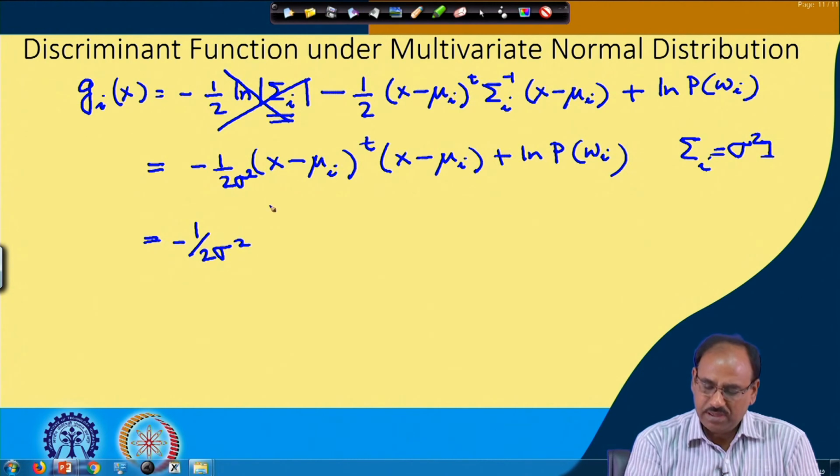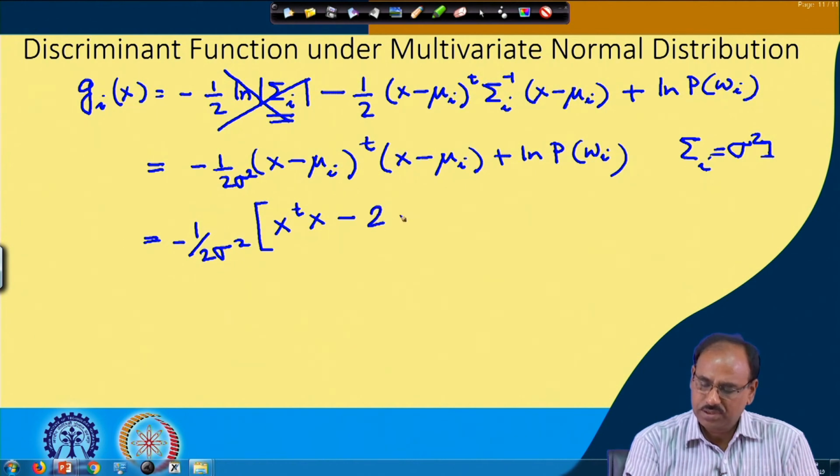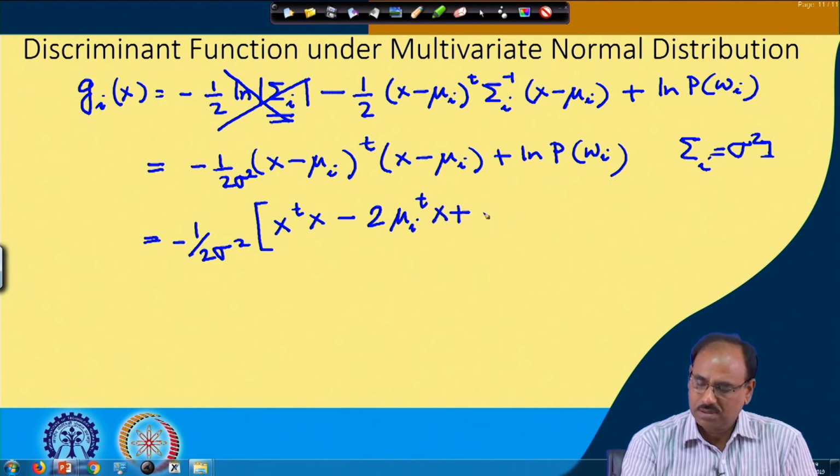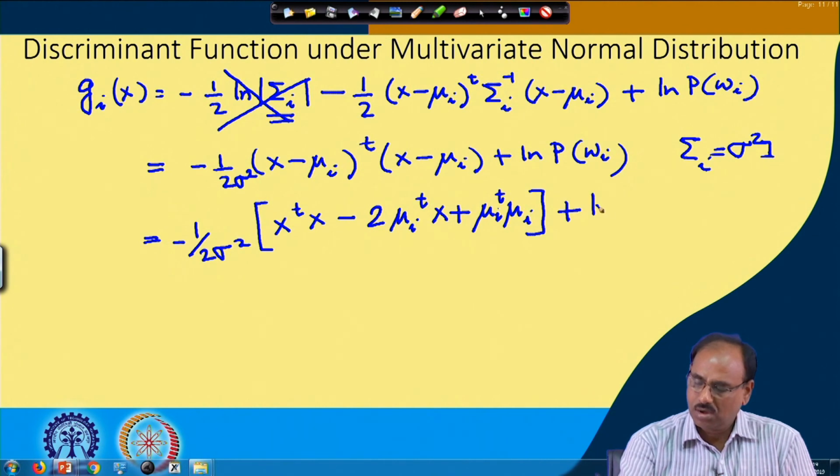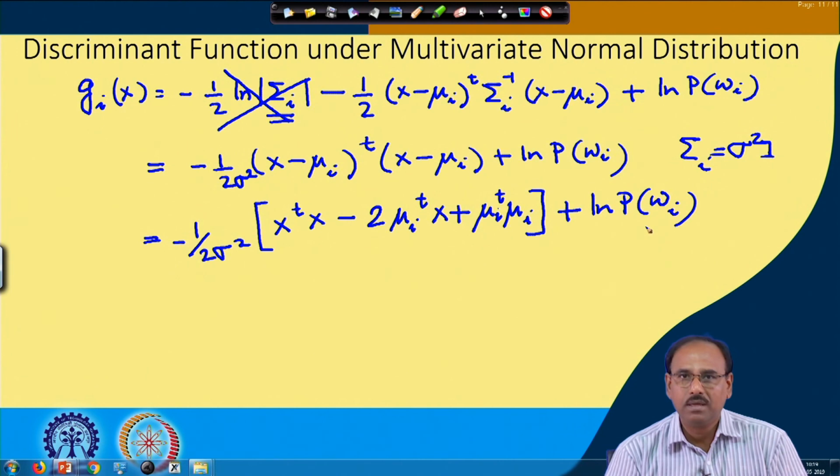If I expand this, it becomes minus 1 upon 2σ² [x^T x - 2μ_i^T x + μ_i^T μ_i] plus log P(ω_i).